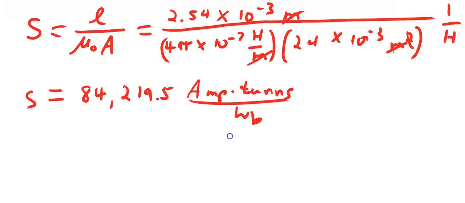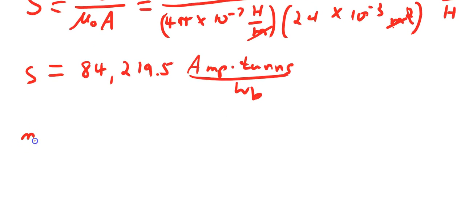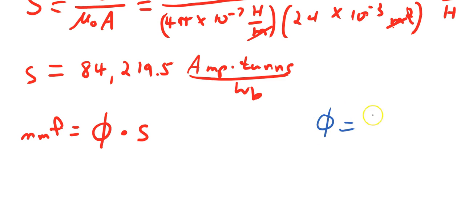Now, then our magneto-motive force is going to be equal to the flux produced multiplied by this reluctance, as typically, remember, magnetic circuit Ohm's law tells us that flux equals MMF divided by the reluctance of the circuit.